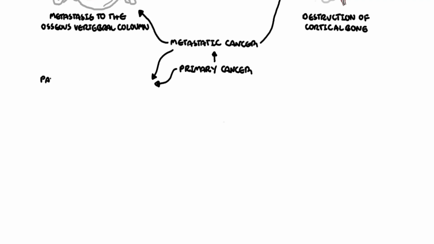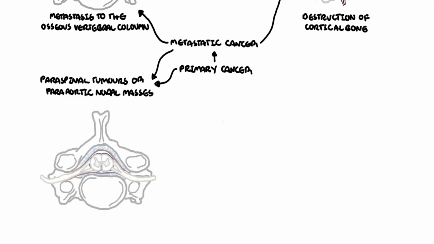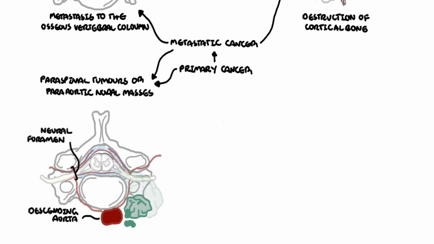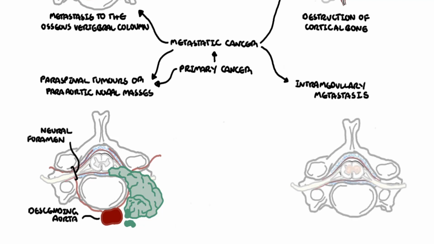Another mechanism is paraspinal tumors or para-aortic nodal masses may invade through the neural foramen, causing spinal cord compression. Intramedullary metastasis can produce internal compression of the spinal cord and thus spinal cord compression.